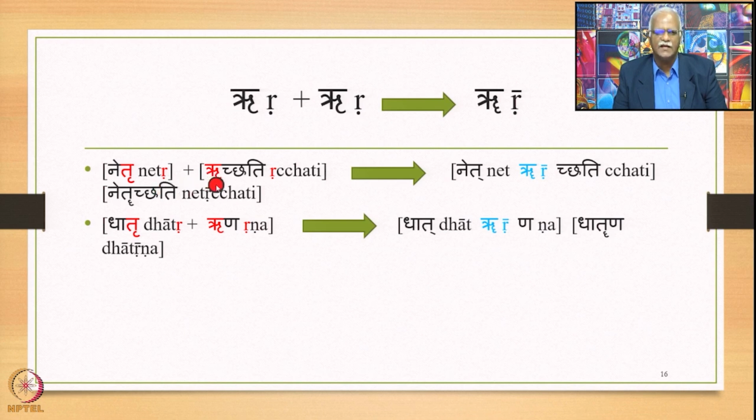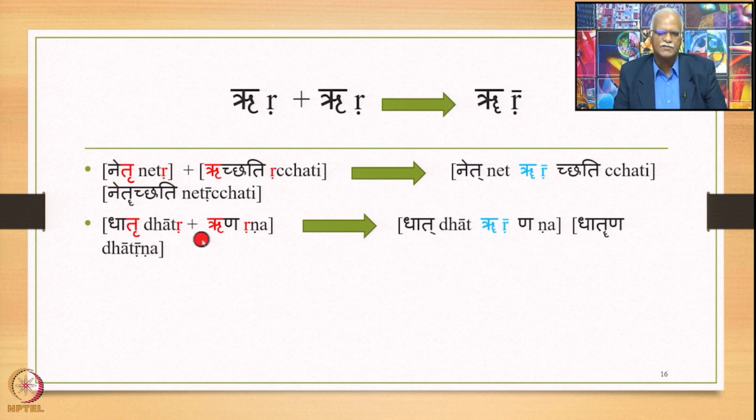The speaker intends to utter these two words in close proximity, samhita mode. And therefore now 6-1-101 applies and generates the output where long ru is the substitute which replaces both short rukaras. So we have net plus ru and chati. We join them together and we get netruchati.